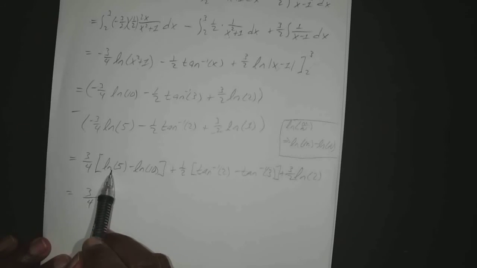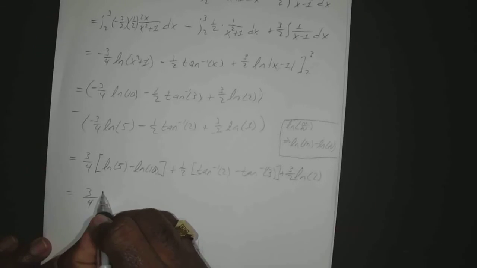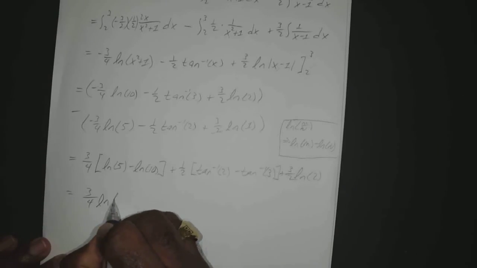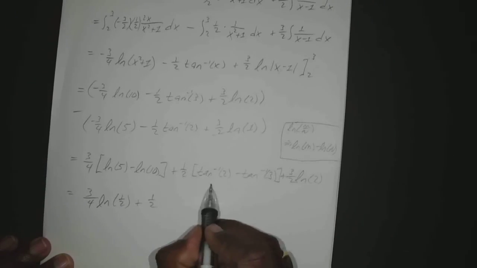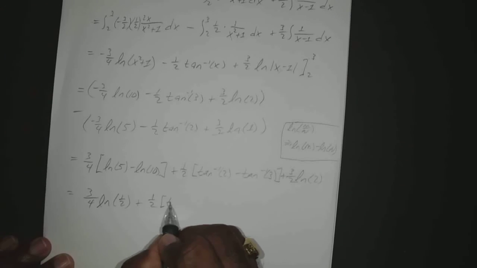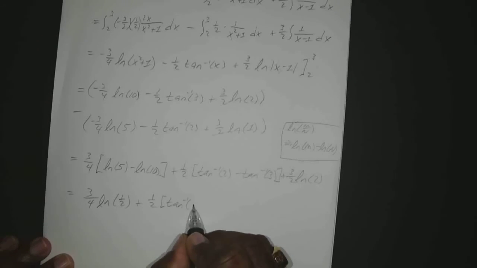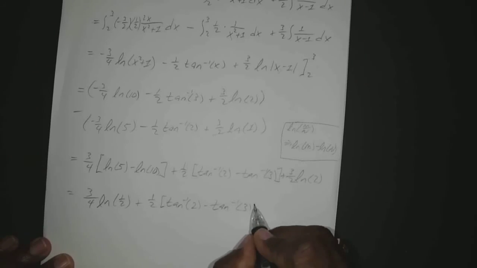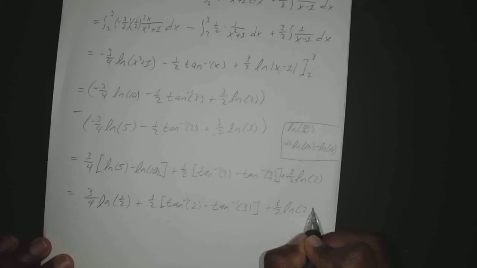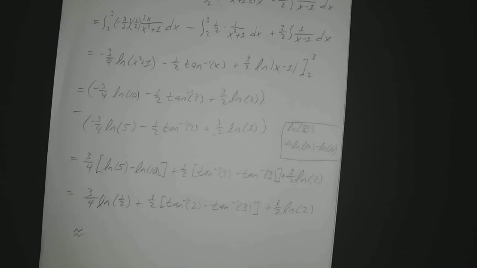So this becomes natural log of 5 over 10, which is natural log of 1/2, plus 1/2 times tangent inverse of 2 minus tangent inverse of 3, plus 3 over 2 natural log of 2. And if you plug that all into your calculator, you will end up with 0.4489, give or take.